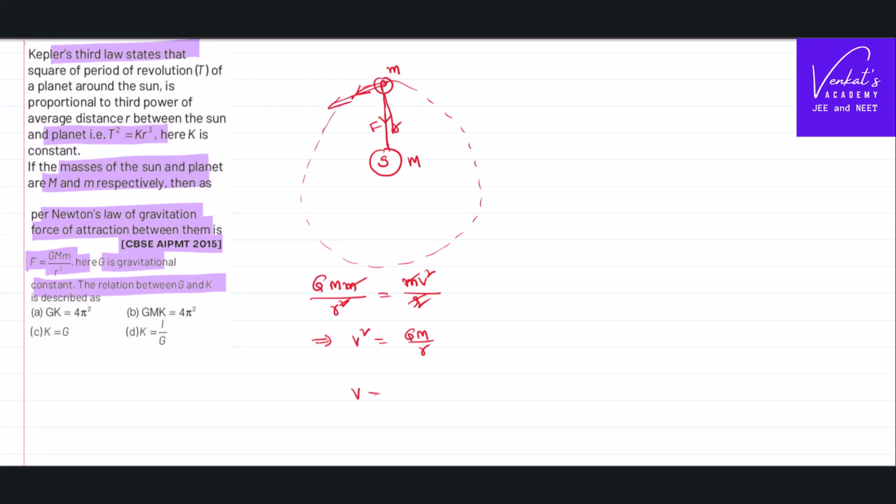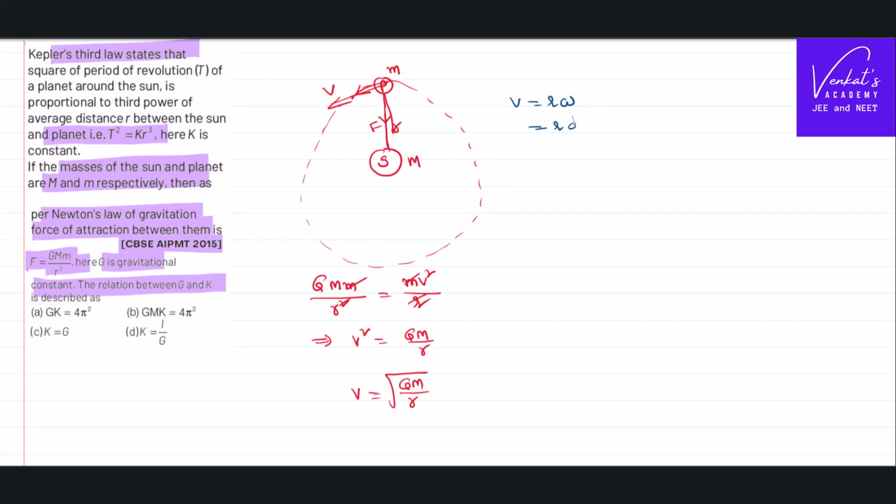or the velocity with which that planet is revolving at the given point is root of GM by r, where r is the distance between the sun and the planet. But because it is in rotatory motion, we can also use the other relation, v equal to r omega.